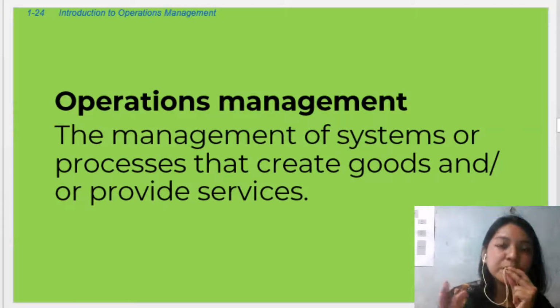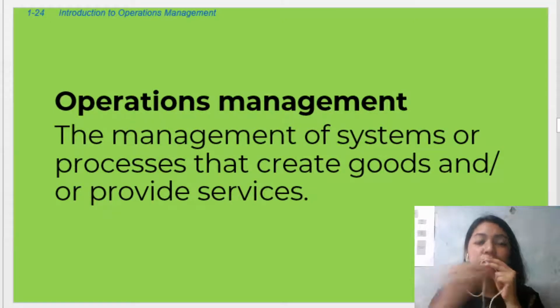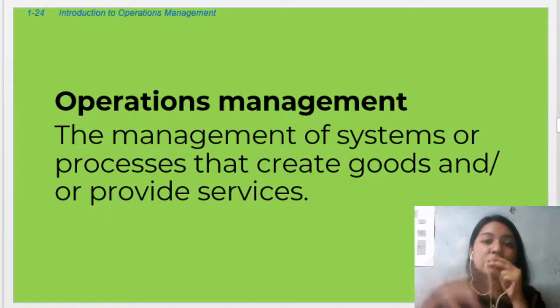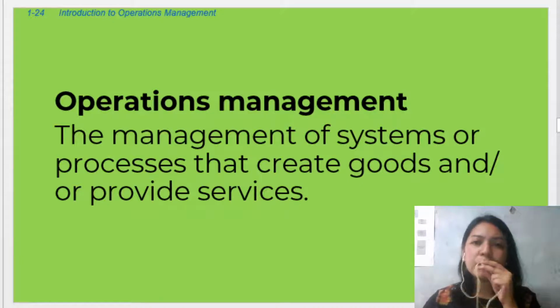Once again, operations and operations management are different. Operations are activities, the activities involved in producing goods or providing services. Operations management, on the other hand, although they are interrelated, is about the management of the system of those activities. Okay? So that's clear to us.